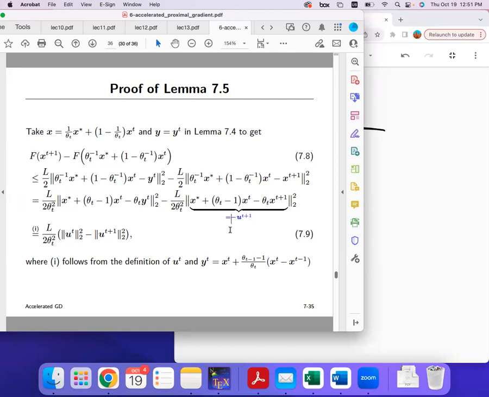And we can see that, first of all, this term is exactly what we called negative ut plus 1, because it's a linear combination among x star, xt, and xt plus 1, following the definition of ut plus 1. But the first term is different. The first term is a linear combination among x star, xt, and yt. So we have a yt instead of xt plus 1 here.